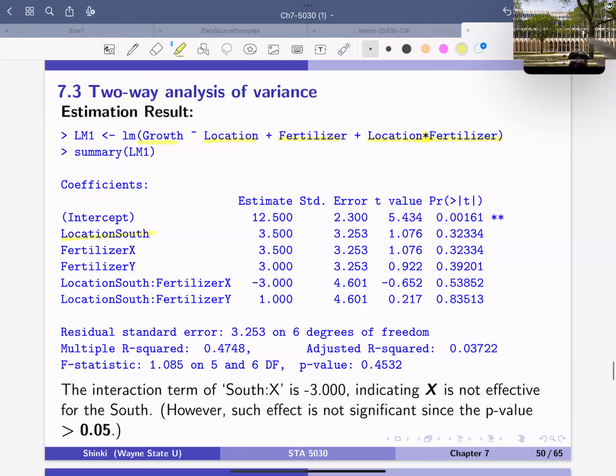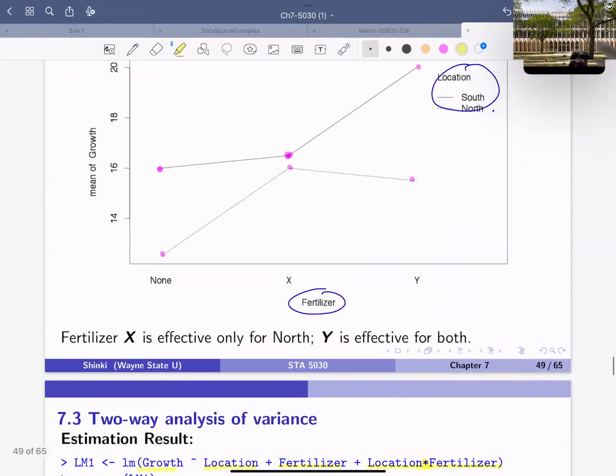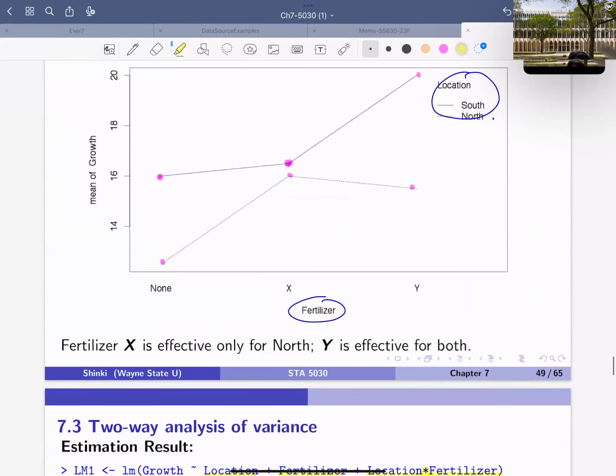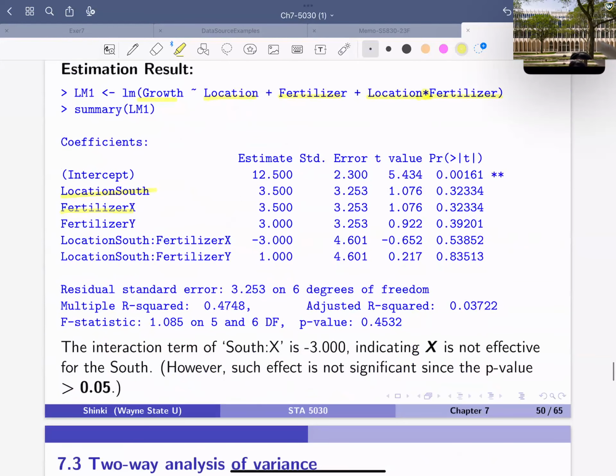So this is the effect of location. The north is baseline. So this is the effect of south minus north. So south is better, so you can see from this one. South has larger yield. And for fertilizer, none is the baseline because N comes earlier than X and Y. And actually X and Y have positive effects as well.